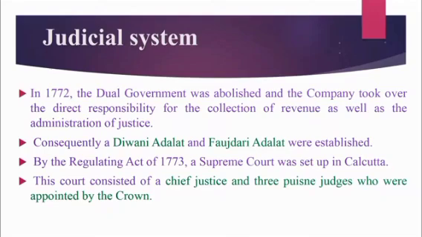Then, by the Regulating Act of 1773, a Supreme Court was set up in Calcutta. This court consists of a Chief Justice and 3 puisne judges who are appointed by the Crown, that is under the rule of England.